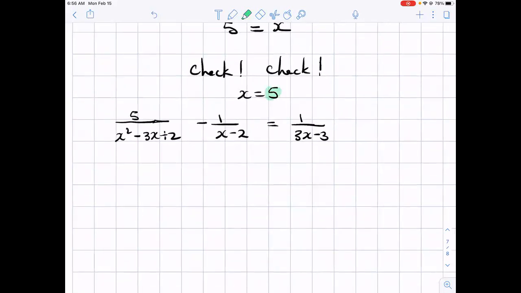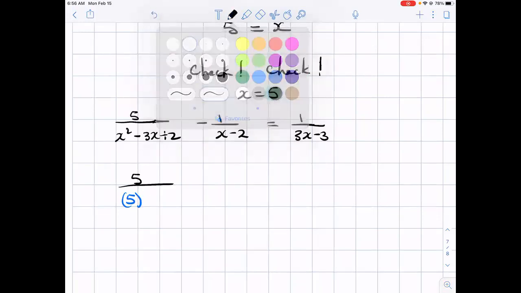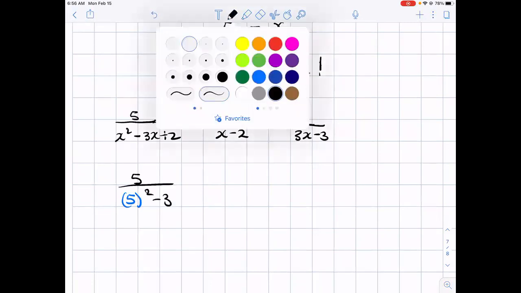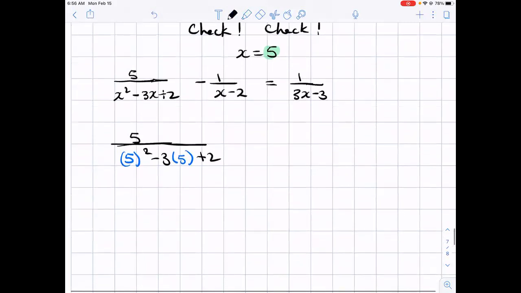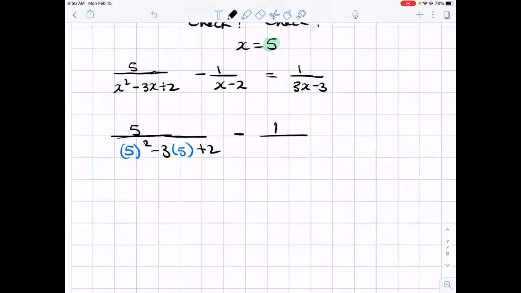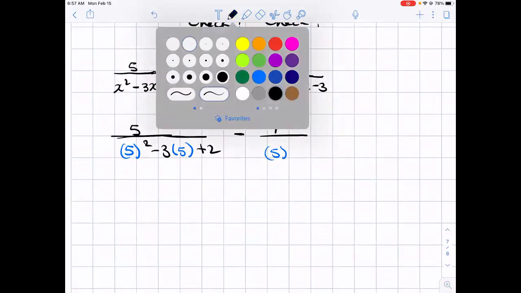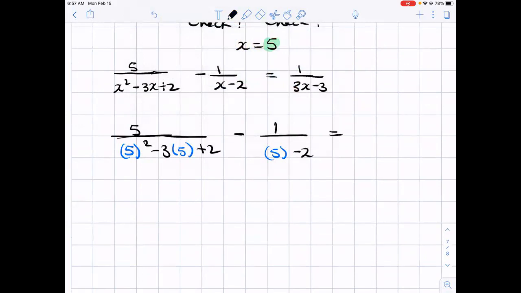Well, if x is 5, we have 5 over 5 squared minus 3 times 5 plus 2, minus 1 over 5 minus 2, equals 1 over 3 times 5 minus 3.